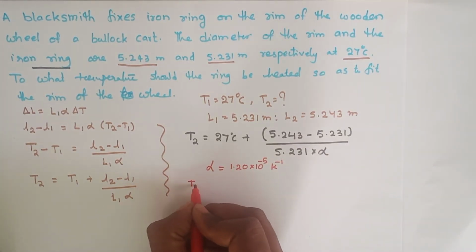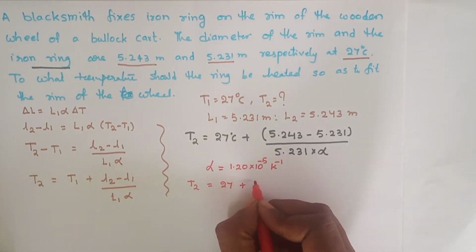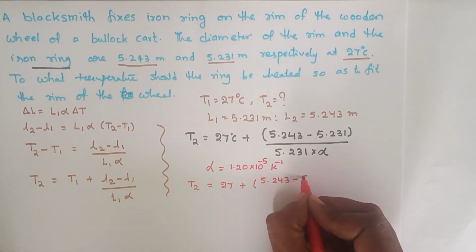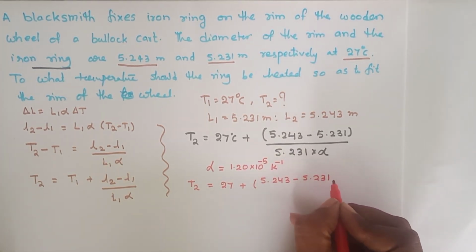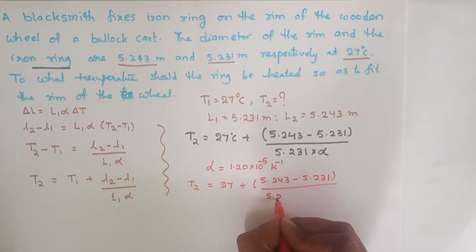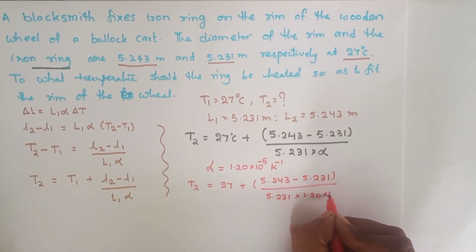So T2 is equal to 27 plus (5.243 minus 5.231) by (5.231 into 1.20 into 10 power minus 5).